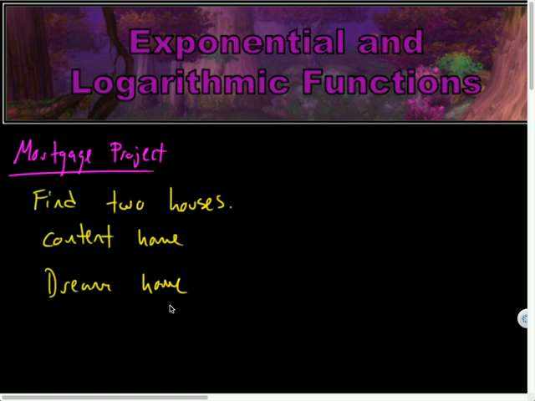Something like that, right? So you're going to find two houses and figure out what the market value is for them. And we'll also try to figure out what a modern mortgage rate would be on those. Technically, the mortgage rate can be different depending on your credit, but we're just going to work off whatever basic ones we can see, assuming we all have amazing credit.